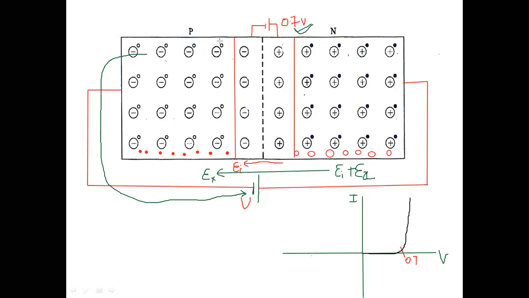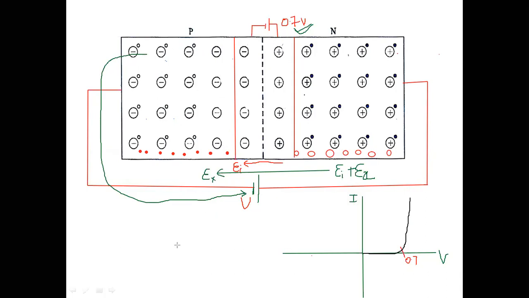The holes come outside. This hole moves away from its ion and is attracted towards the negative terminal of the battery. Likewise, this hole also comes outside, attracted towards the negative terminal of the battery.